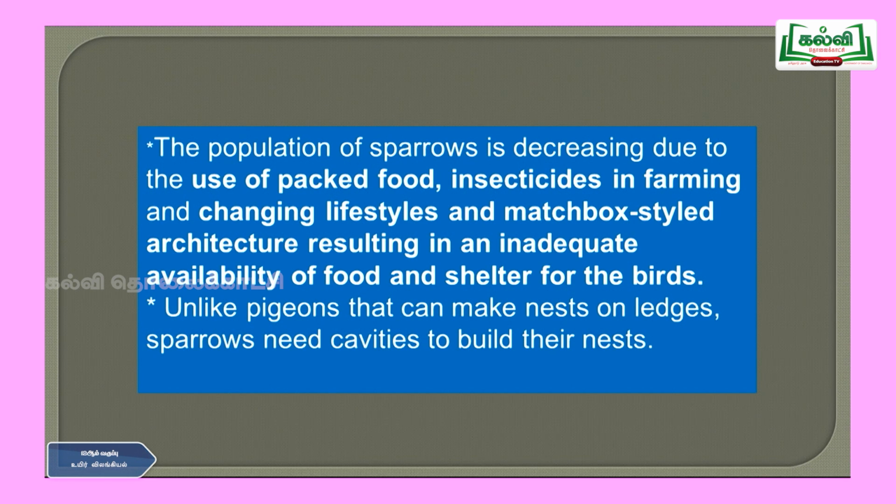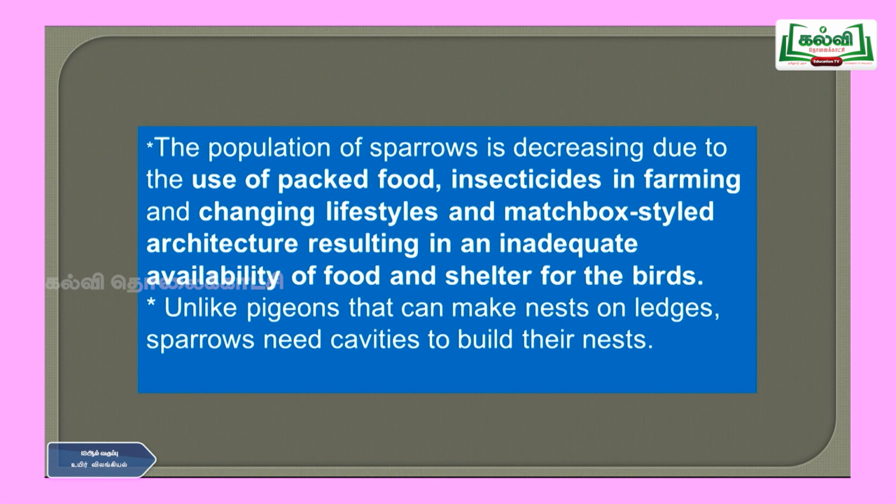The next one: the population of sparrows is decreasing due to the use of packaged food, insecticides in farming, changing lifestyles and matchbox-style architecture, resulting in inadequate availability of food and shelter for the birds.